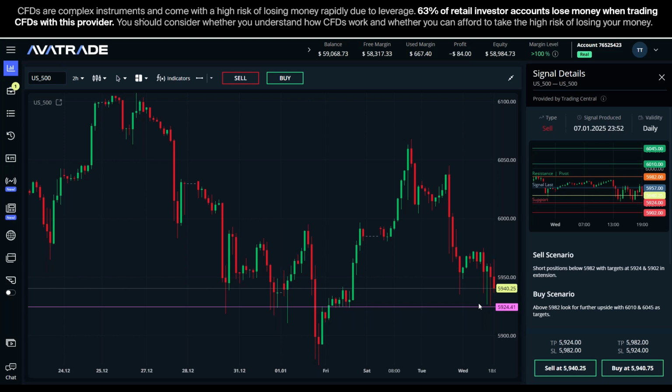So if you were buying on this right now against the signal, you might have your stop loss below this support level, and if it breaks it, you're out with a small loss. Or the opposite, if you're going with this signal, you might be looking to take profit somewhere down near this support, which it's very close to now.